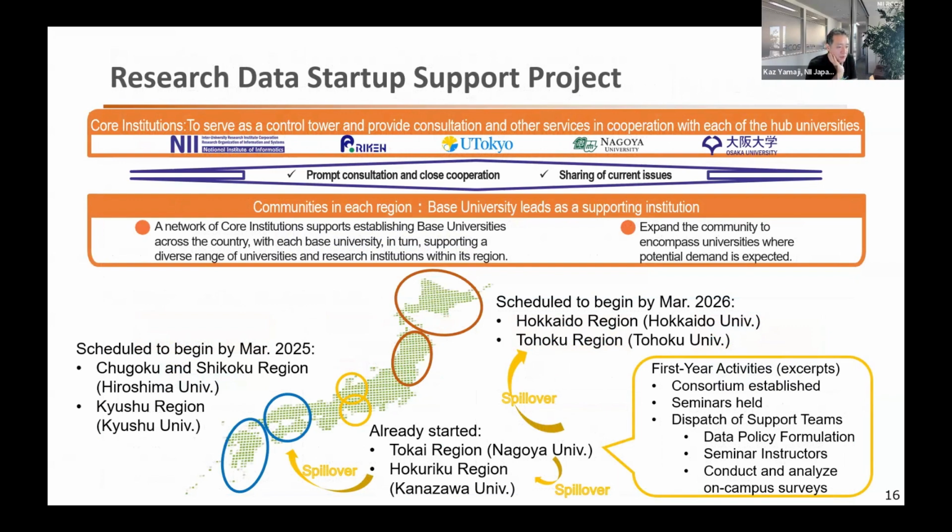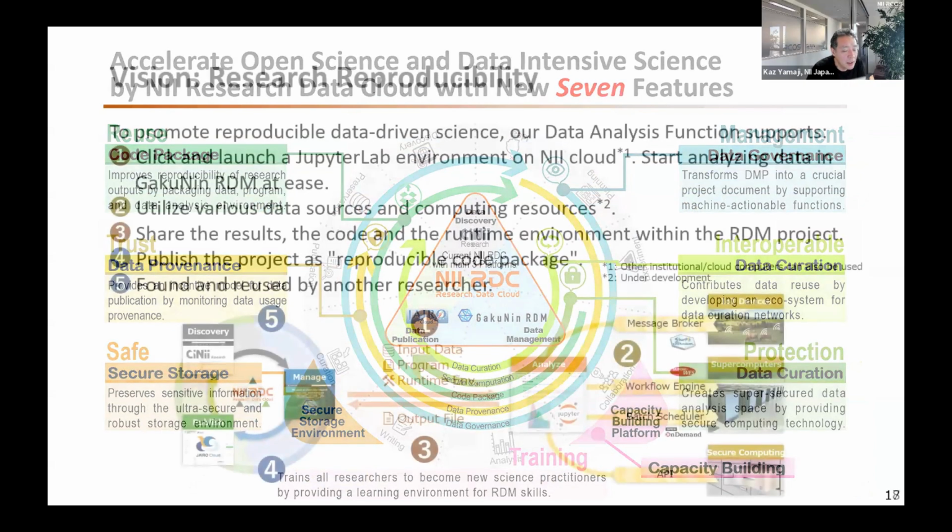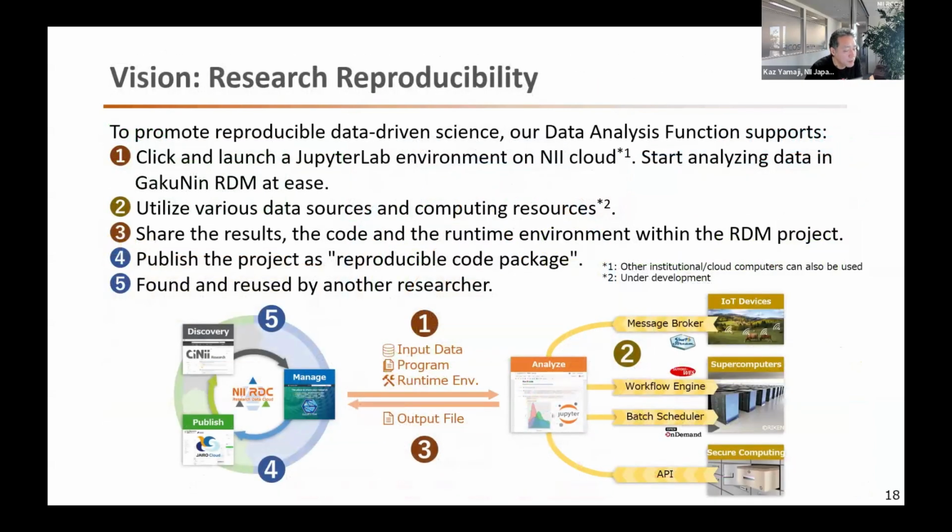And based on this local community, they try to help each other with how to do institutional research data management, how to utilize our NII Research Data Cloud to the maximum, and how to get the maximum power by using our platform. And these are the new functionalities we are adding on top of the three main platforms. I'm going to let you know some examples from them.